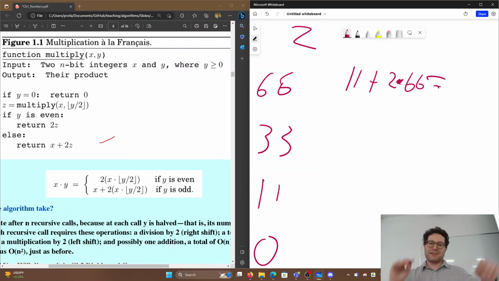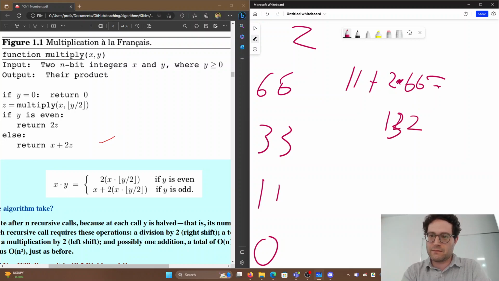My bad. I should have been a lot more deliberate with that dot. It's been a while since I've had to teach a math class. So that should be 132. That is 132 plus 11, which brings us to 143, which is the same answer as our previous problem. We've just done math a different way.